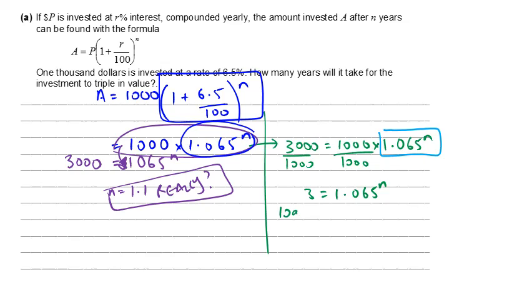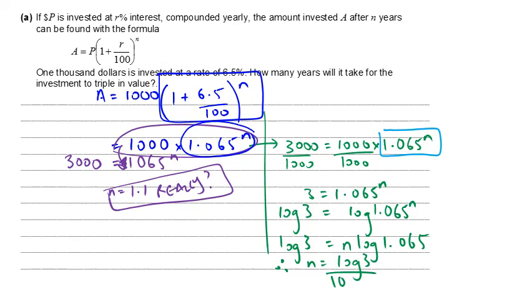So from here I take the log of both sides, 1.065 to the power of n, which brings that n down the front, and so therefore n is just log 3 over log 1.065, which is, honestly, if you'd used your formula sheet you would have realized that n would be log base 1.065 of 3.